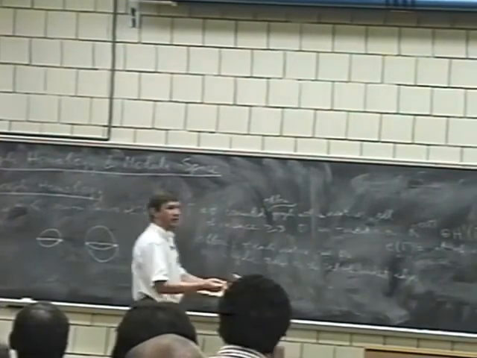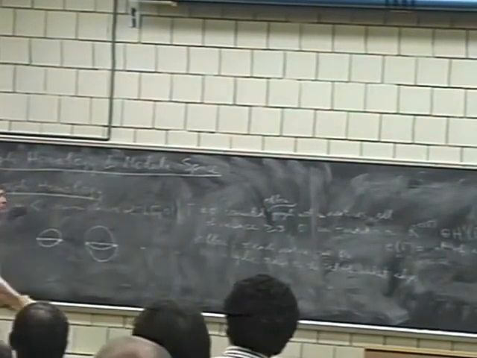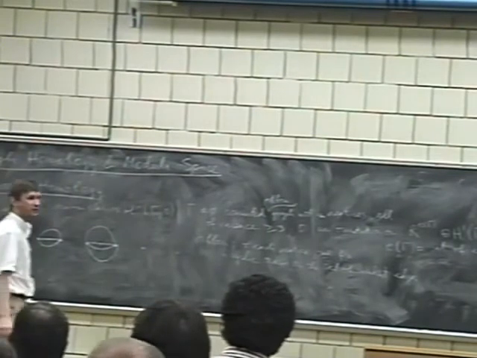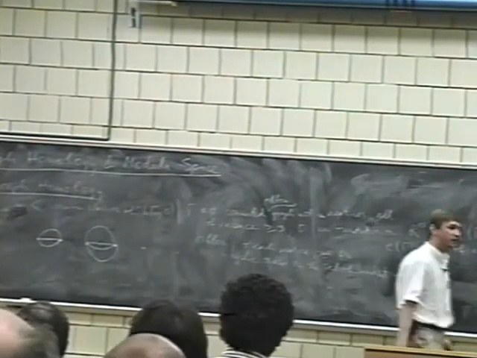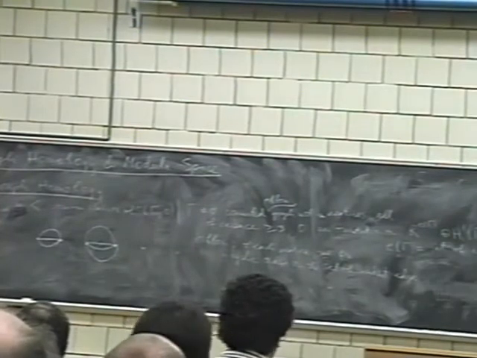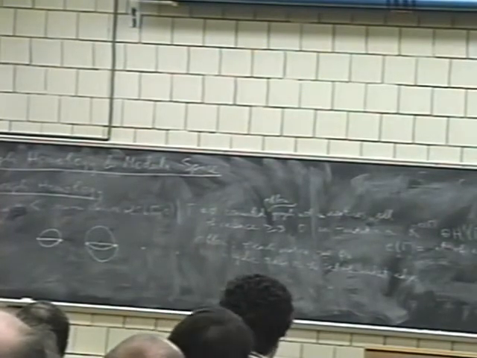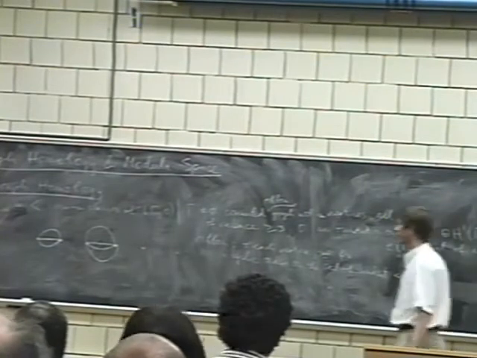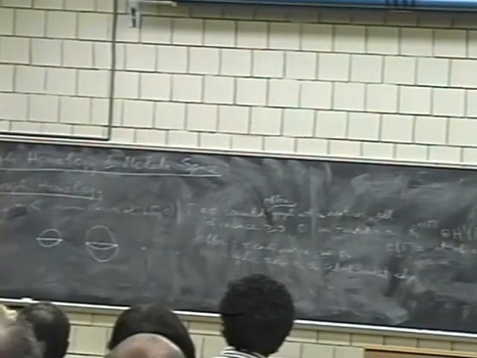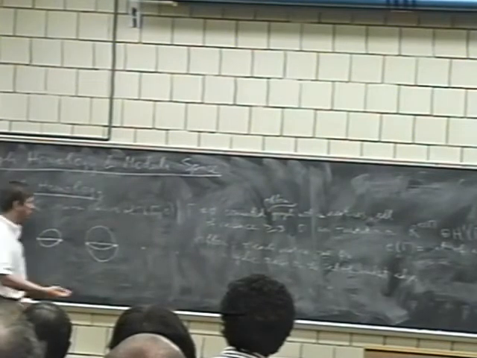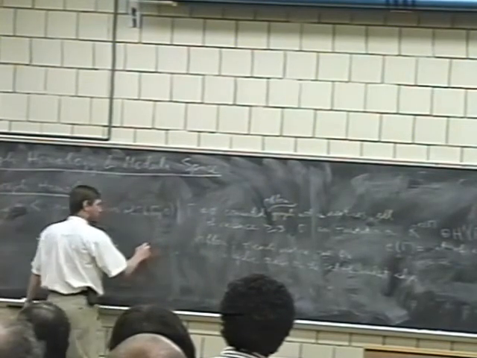So that means locally, those graphs look like planar graphs, but not necessarily. Of course, planar graphs inherit a ribbon structure from the orientation of the plane, but in principle, these graphs may not be planar.